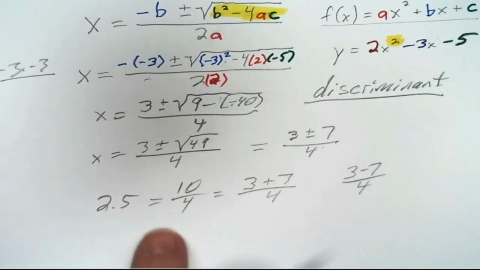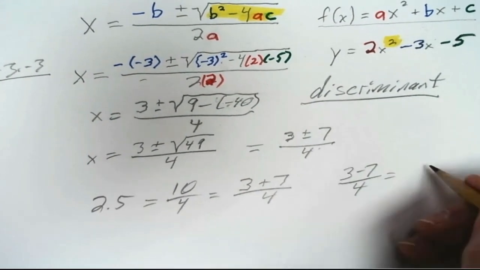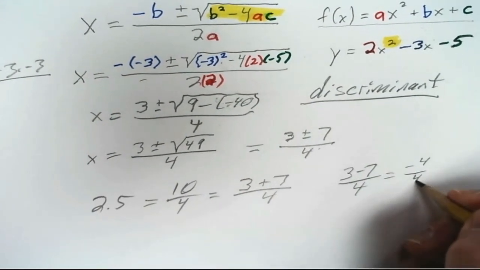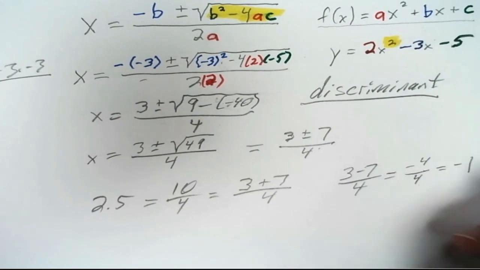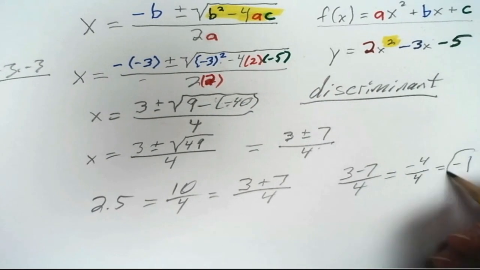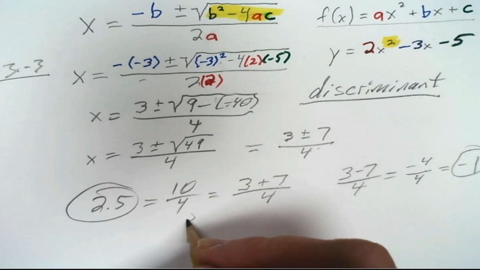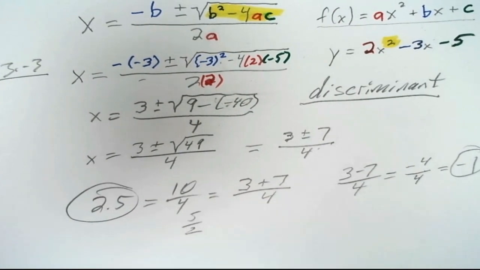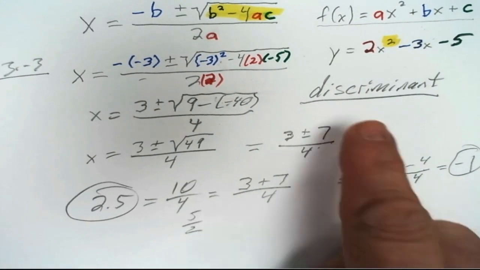If we're graphing it, we would look for a solution at 2.5. And this is -4 over 4, which is -1. So our solutions are 2.5 and -1. You know, this would simplify to 5/2 if we left it as a fraction. And that's the 2 solutions for this quadratic equation.